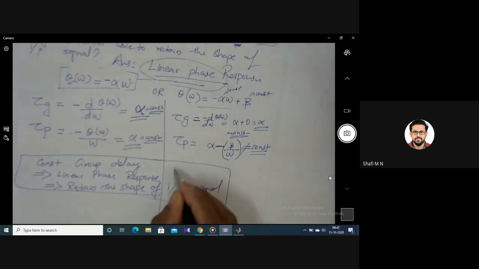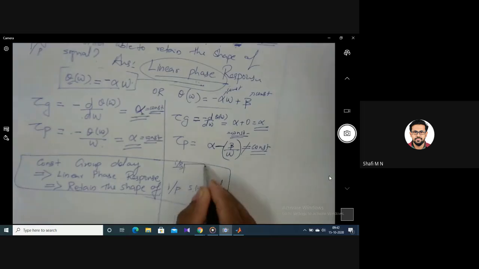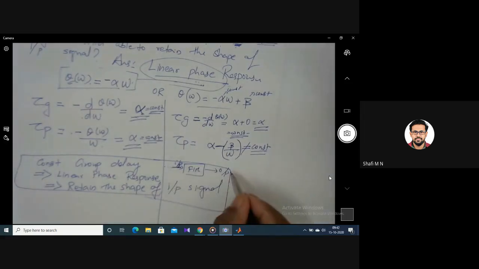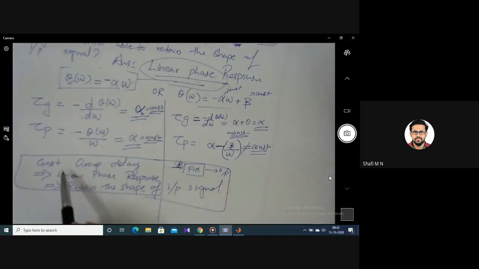It has an input signal, this is your FIR filter, and this is your output. So it will be able to retain the shape. If you give an ECG signal or whatever it is, it will be able to retain the shape of the signal. To check whether this quality exists, what do we need to check? You just check whether the group delay is constant.